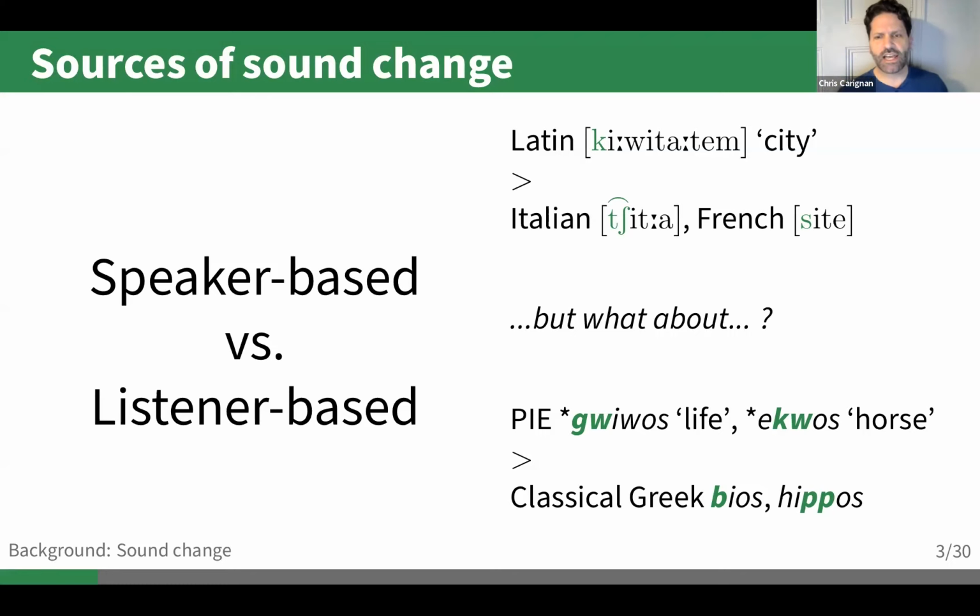But sound changes like this alternation between velars and labials, we can't really understand in the same way because there isn't any constraint on the system, because there isn't a physical link between, for example, the back of the tongue and the lips. So we can't really readily explain this as a speaker-based sound change. So we think that it's probably listener-based.